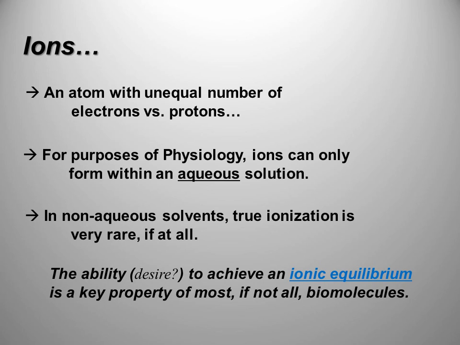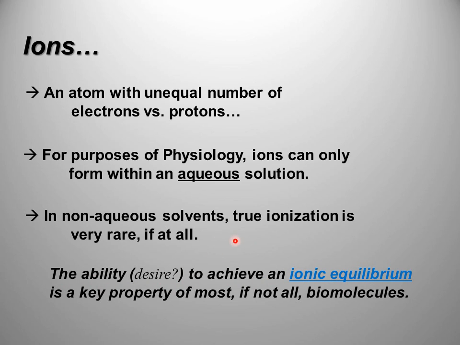But there's something about ions that we should understand. This is sort of getting to a larger purpose here. It's this statement right here, that ions are dynamic. Ions will want to achieve what we call an ionic equilibrium. So let's say, for instance, this line here is a cell membrane.